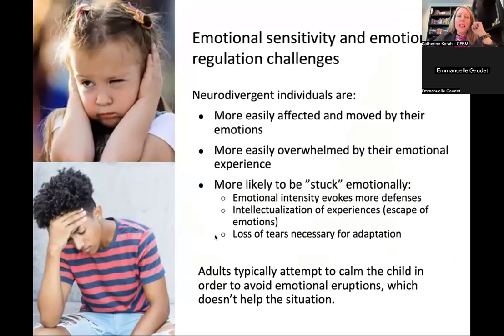The consequence of that is that emotionally sensitive children have a harder time regulating. They're more easily affected and moved by their emotions, and more easily overwhelmed by the emotional experience.